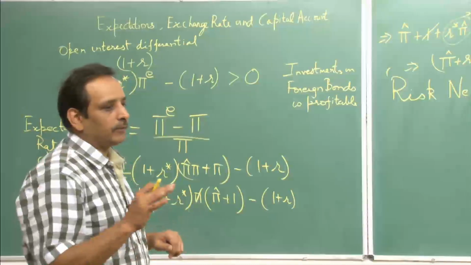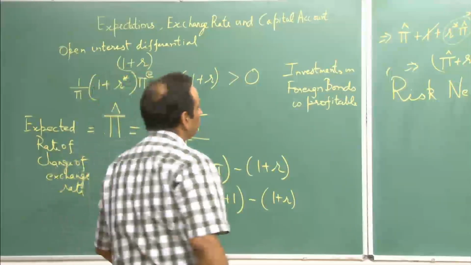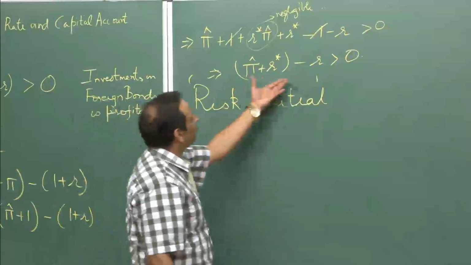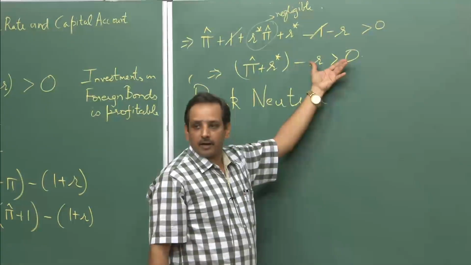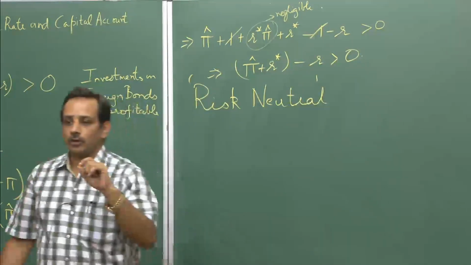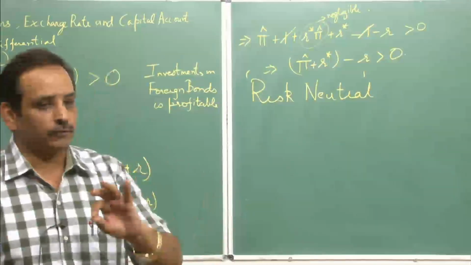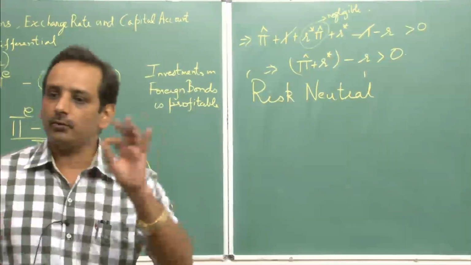Now, if you assume that domestic and foreign bonds are perfectly substitutable, as soon as you find there are gains in investing in foreign bonds, if you are a risk neutral person, you will completely switch out of domestic bonds into foreign bonds.